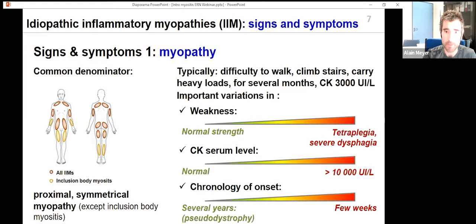And thus, inflammatory myopathies should be considered in all patients presenting with a myopathy.